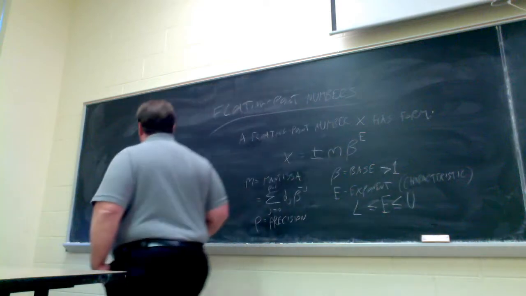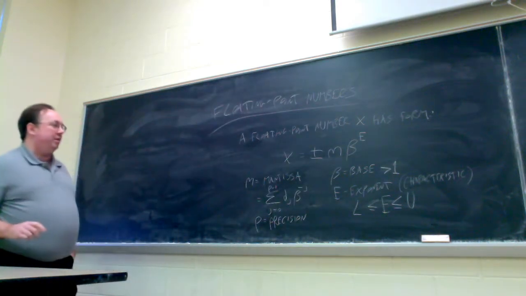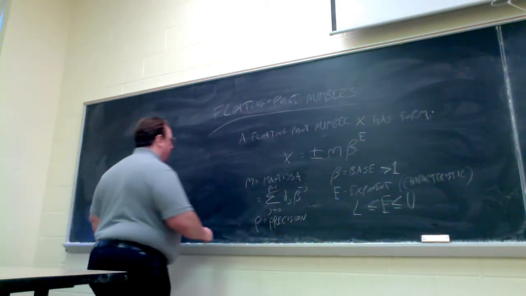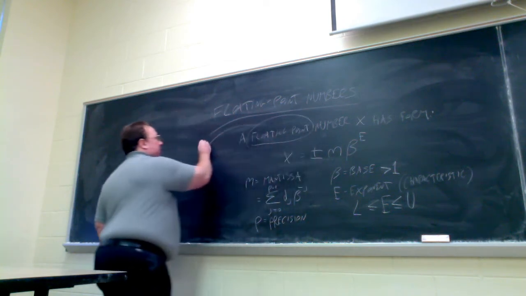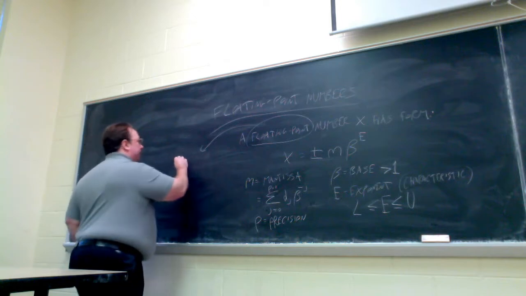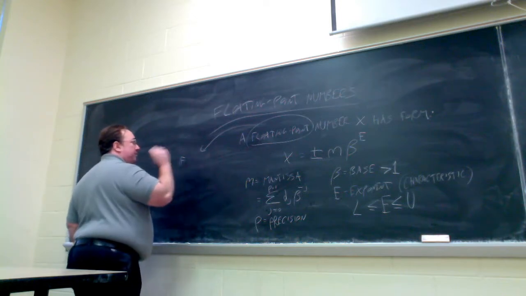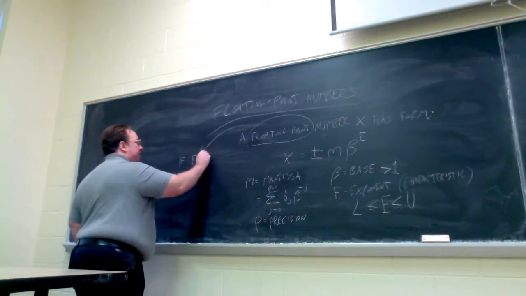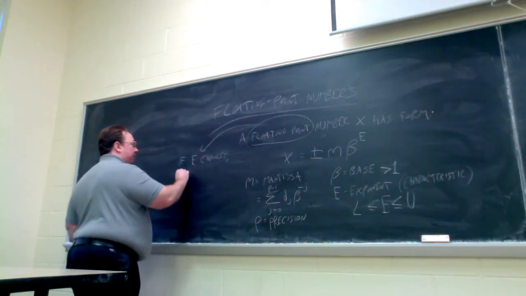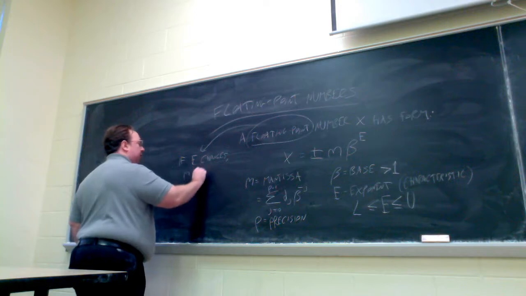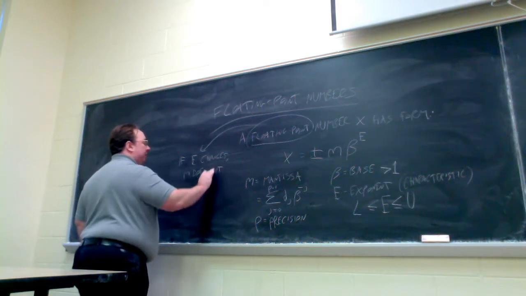Now, why we call it a floating point number is, I'll explain over here, if the magnitude of the number changes, so if e changes, the mantissa m does not.